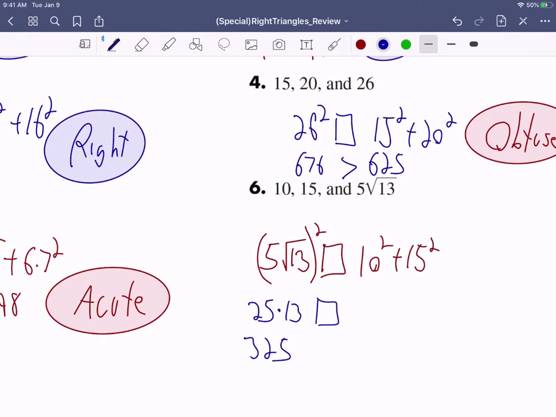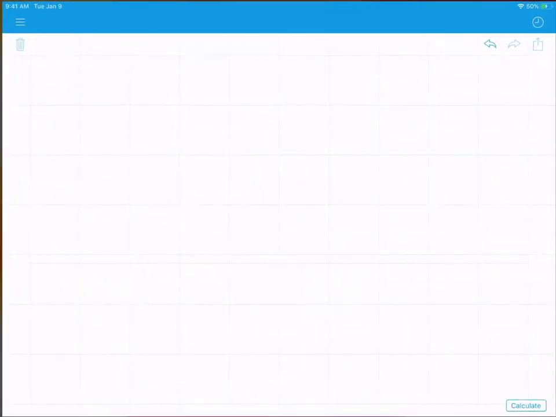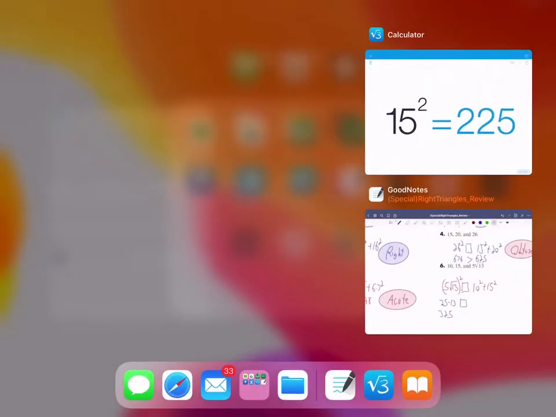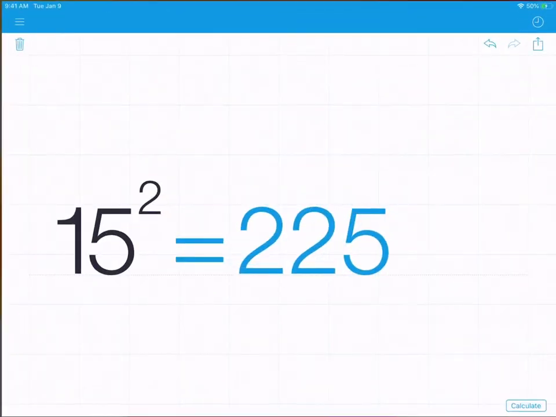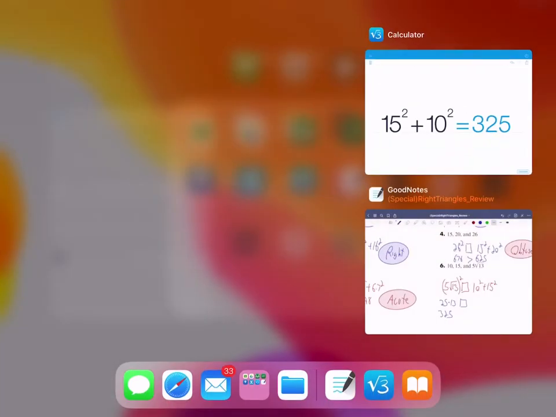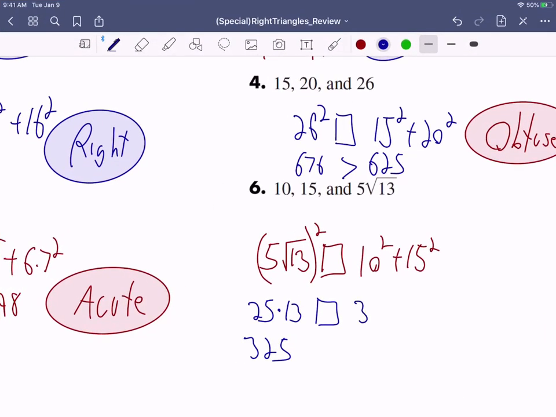Yeah, that's right, 225 and 15 squared. Okay. Just to not lead you kids astray. Am I doing this properly? Probably, yeah, so it's 100 plus 225, that's 325. 325, oh yay, they're equal. All right, cool.